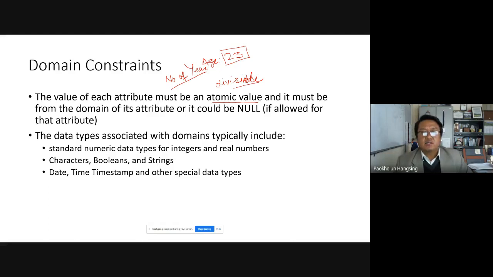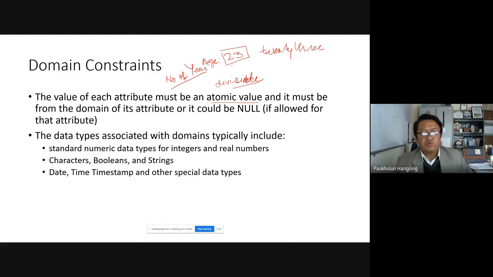Therefore, the value should come from that domain only. For example, 23 cannot be written in words. This is not the same domain. If it is from the numeral data type, then it has to come from that domain only.